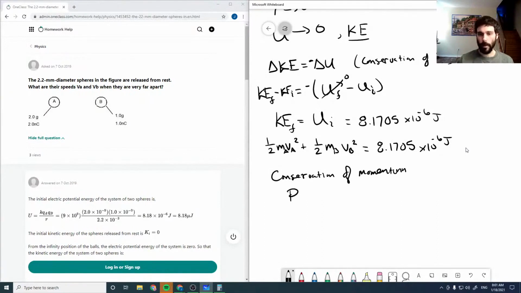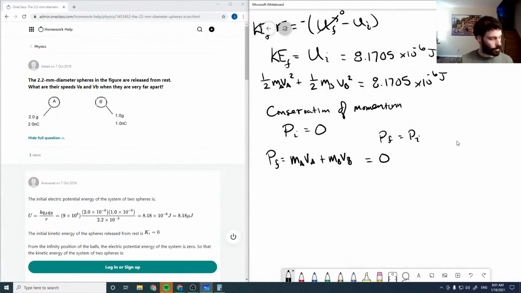Our momentum initially was 0 as nothing was moving. And then our final momentum is mA vA plus mB vB. And so PF equals PI, so this equals 0.